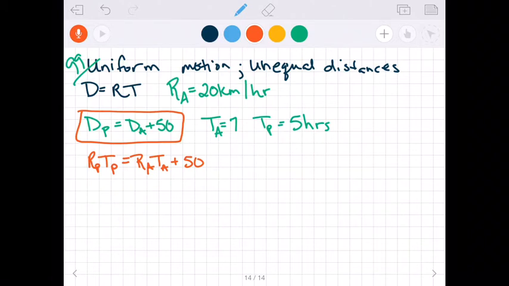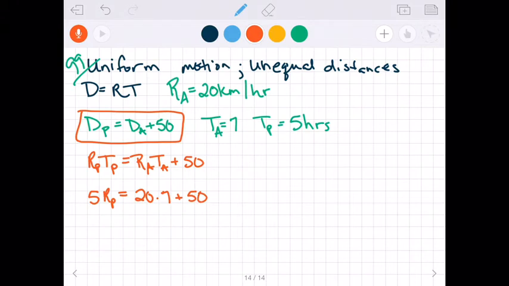And now let's substitute the things that we know. We don't know RP, of course, but we do know that TP is 5. So 5 RP equals 20 times 7 plus 50. Okay, so 5 RP equals 140 plus 50. 5 RP equals 190.